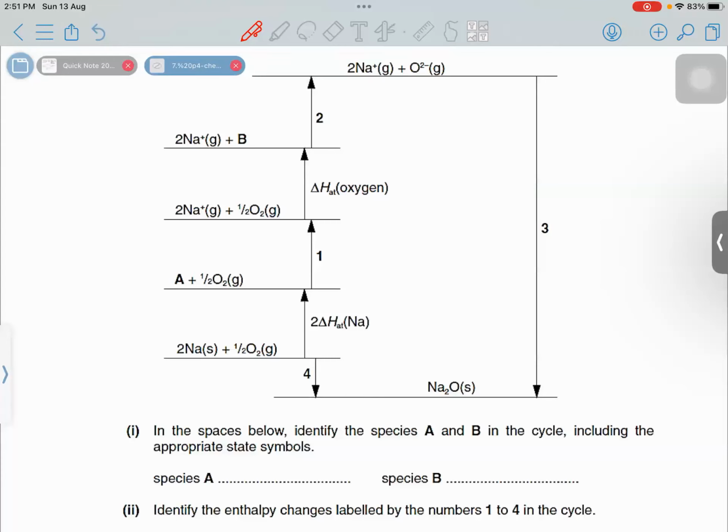Now you have 2Na solid, so first you convert 2Na solid into 2Na gaseous. Then you convert half O2 into O gaseous.